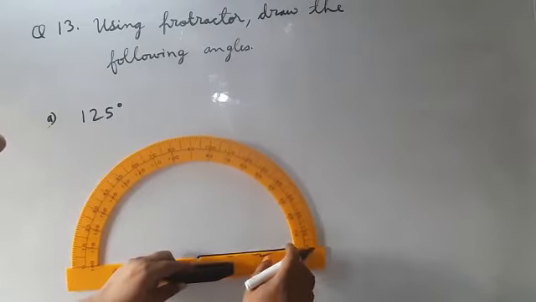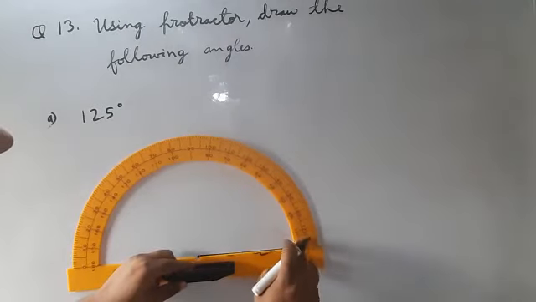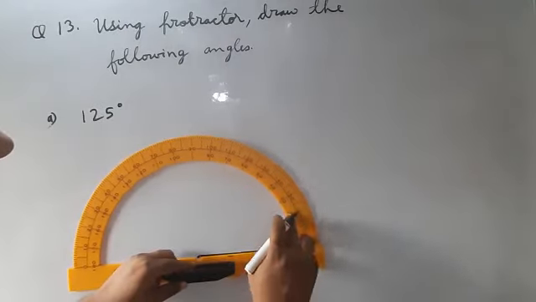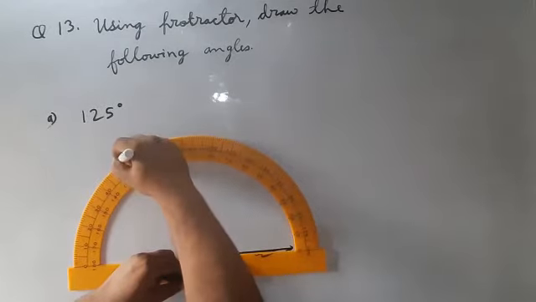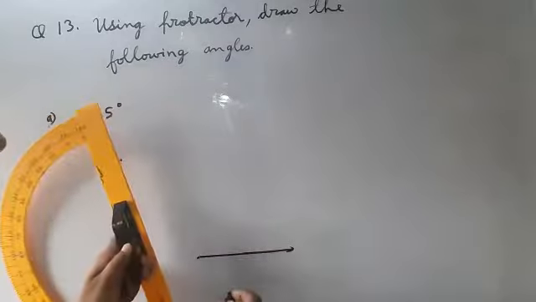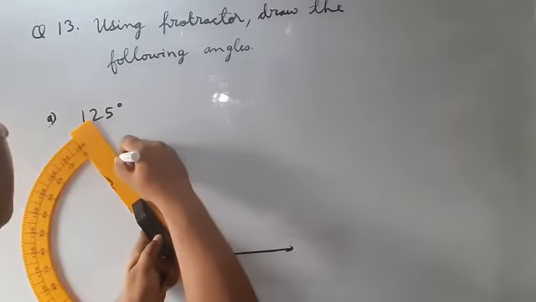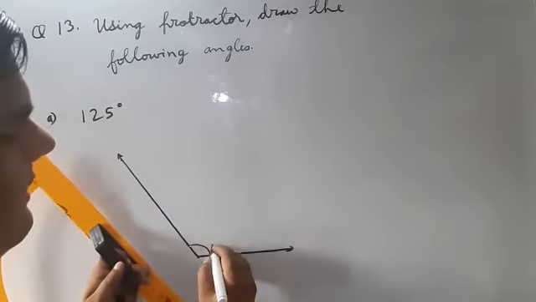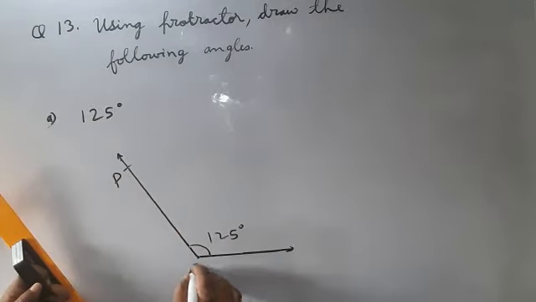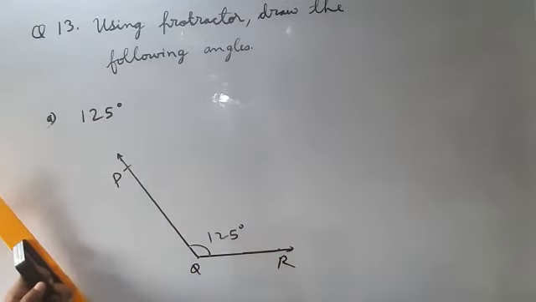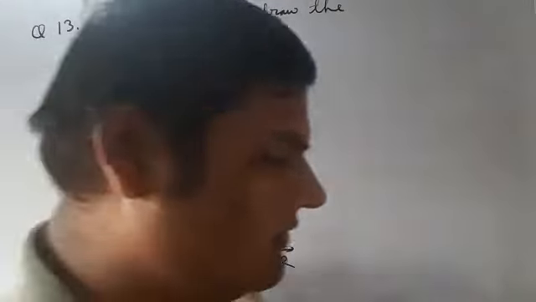I have to take the inner scale: 10, 20, 30, 40, 50, up to 125 degree. You can give the name PQR. Here is angle PQR.